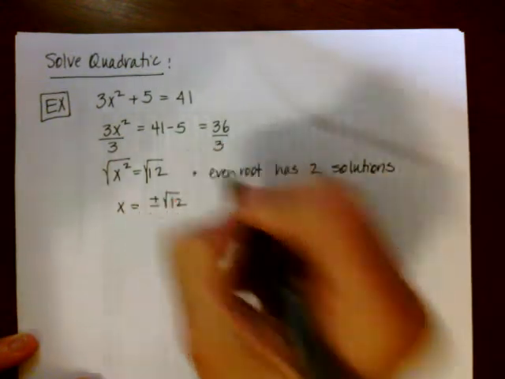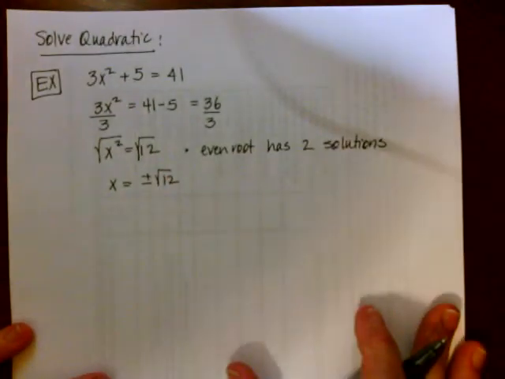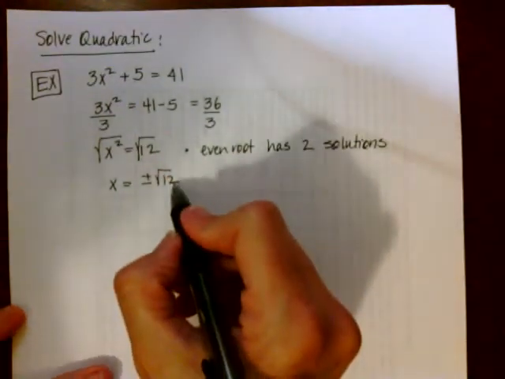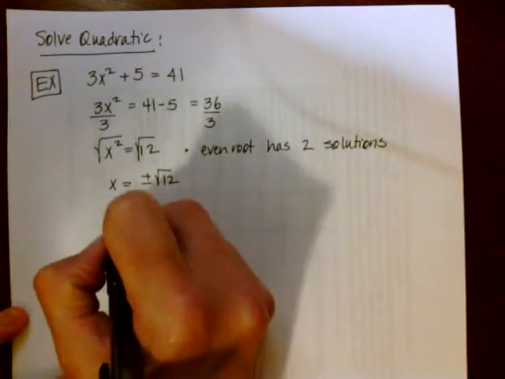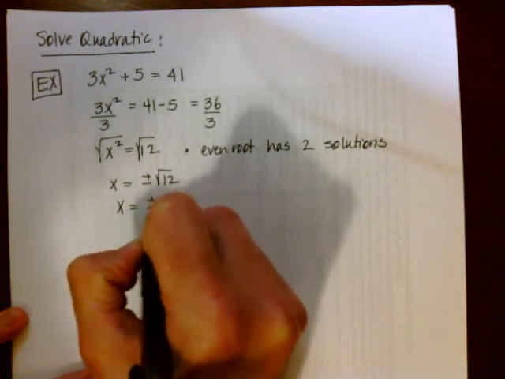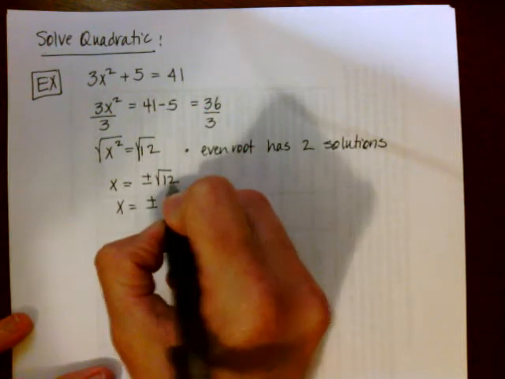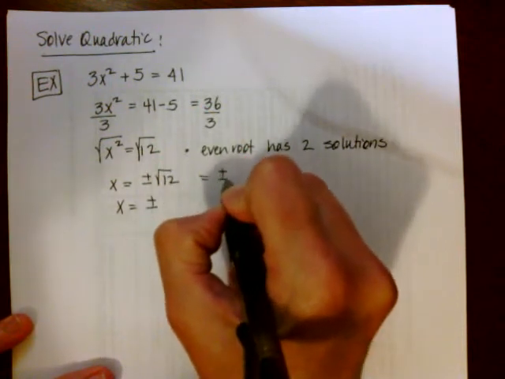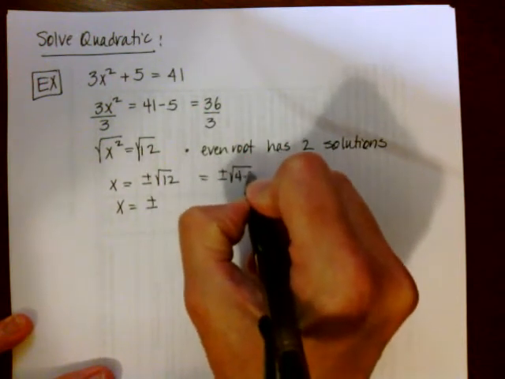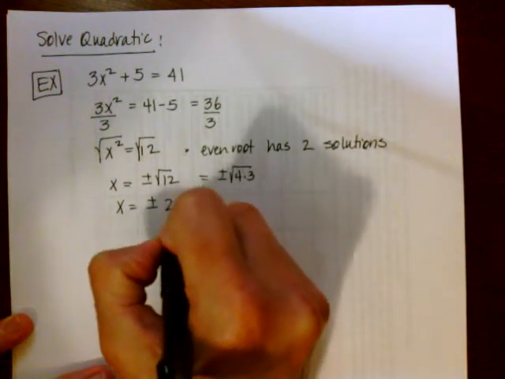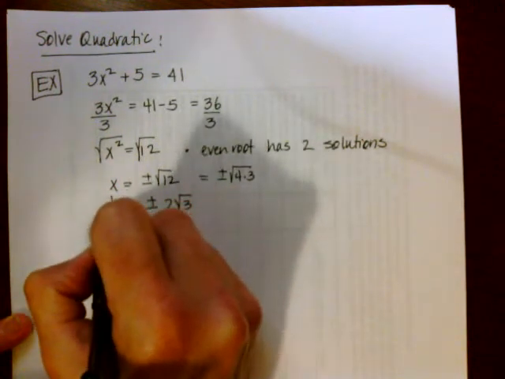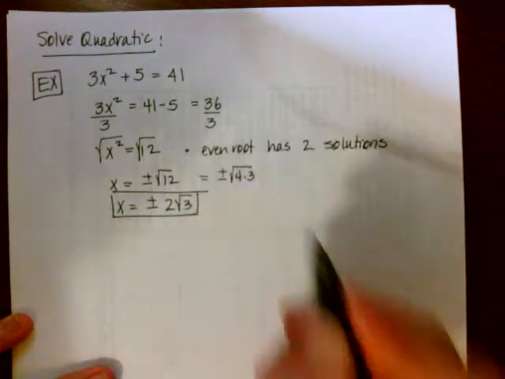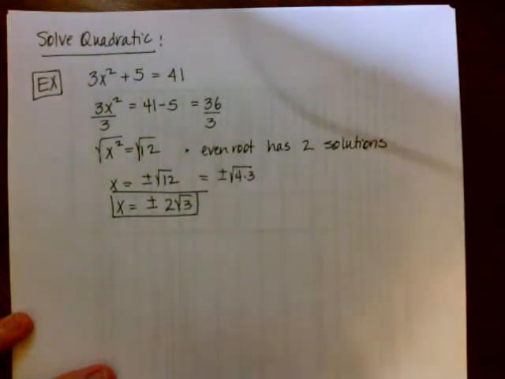Now I just need to simplify my radical. Sorry, I'll go back a step, this is 4 times 3, so this is going to be 2 radical 3, and there's my answer from our first example.